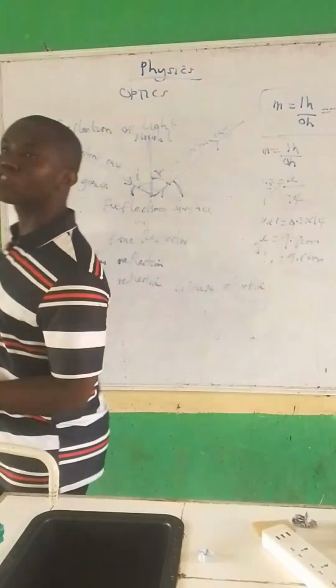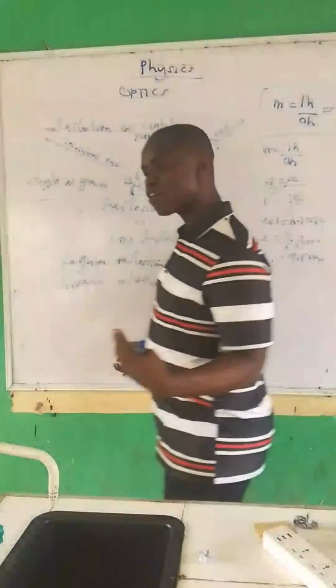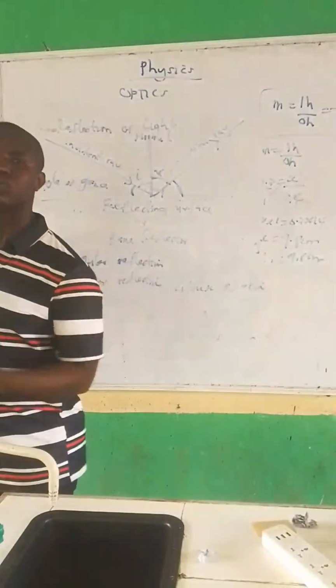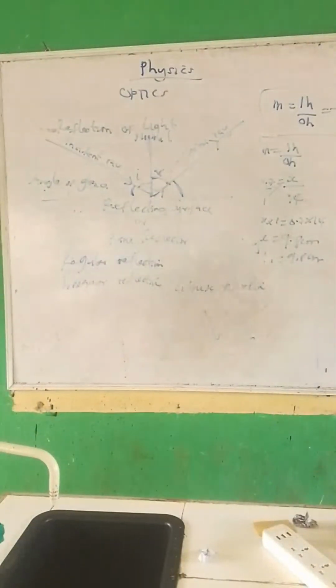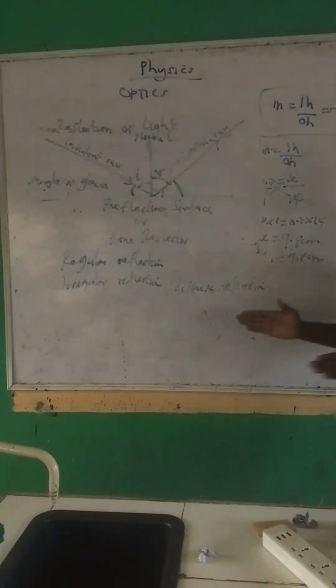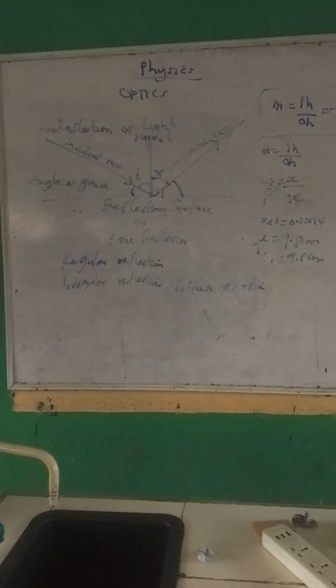Regular reflection occurs when all the rays of light in a beam of light reflect at the same angle. That is, parallel rays of light approach a surface, and after reflection, all of the reflected rays are still parallel.